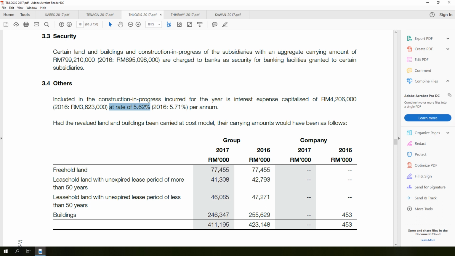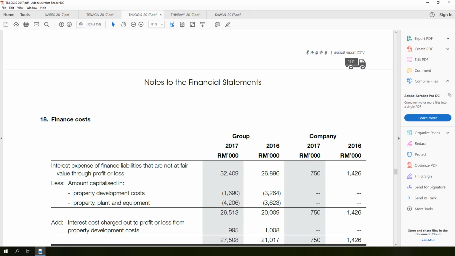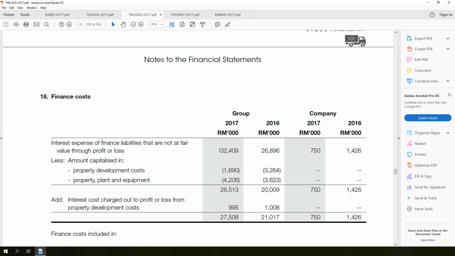One thing in Tenaga's annual report that is worth a look is its finance cost footnote, which is footnote 18. $32.4 million was interest payable in FY 2017.